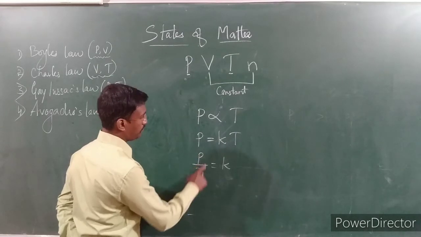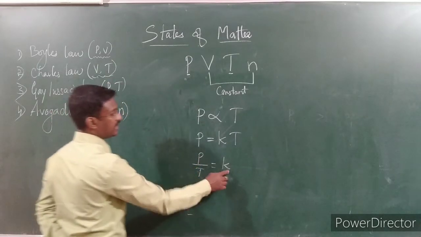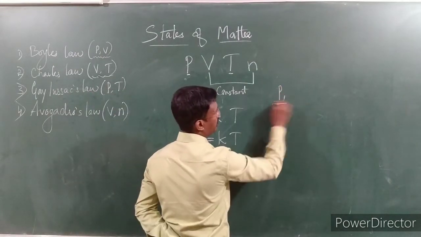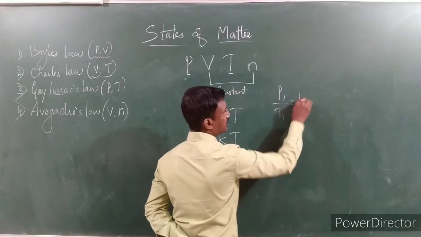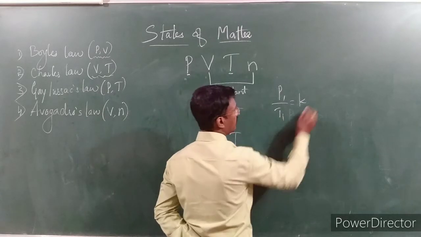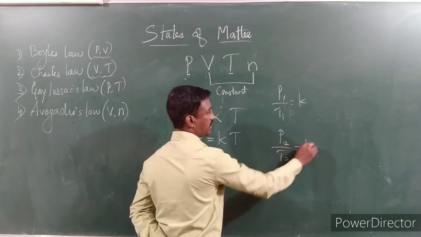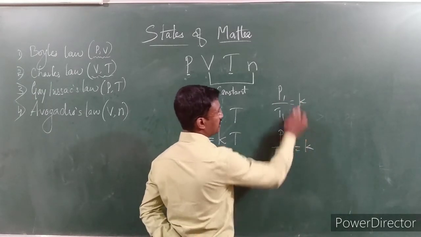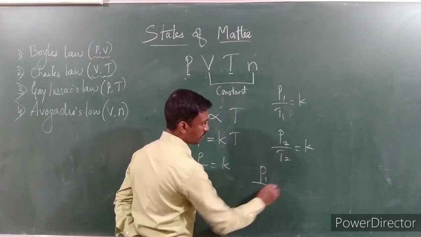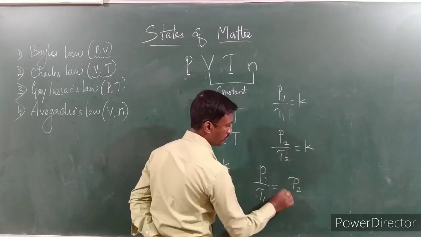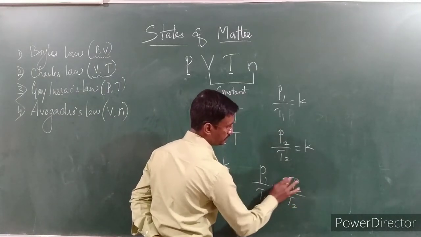Suppose initially P1 and T1, the k remains the same. So P1 divided by T1 is constant. Again, if the pressure changes, P2 upon T2, the constant will be the same. So replacing k, we get the formula P1 by T1 is equal to P2 by T2.